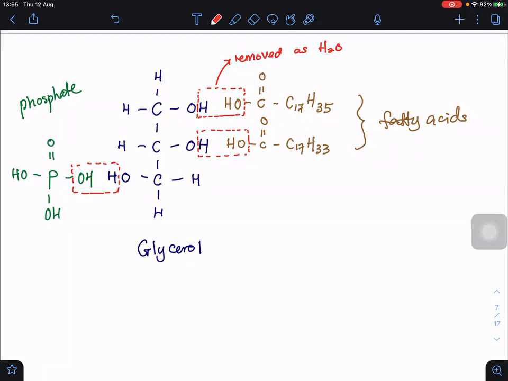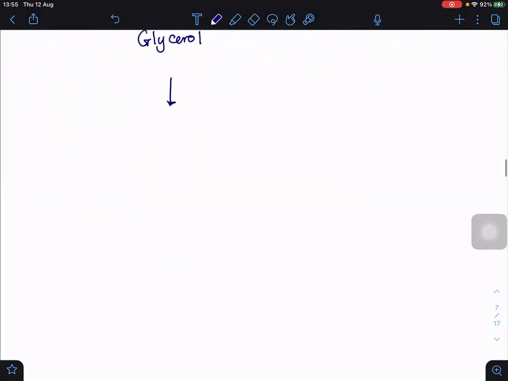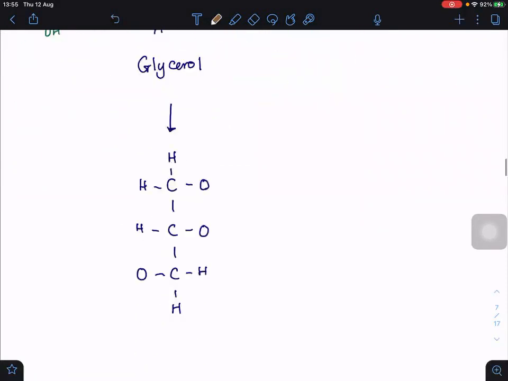So what is the final outcome? Glycerol: CH2, O, CH, O, CH2, O. Then it bonds with the first one, our stearic acid, C double bond O, C17H35, and the second, C double bond O, C17H33, the oleic acid.